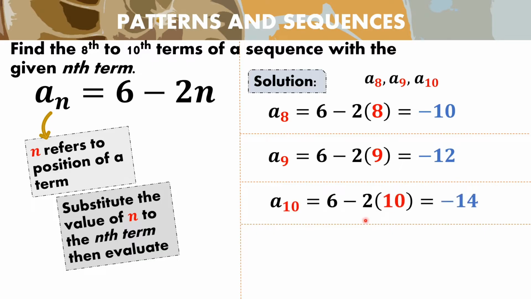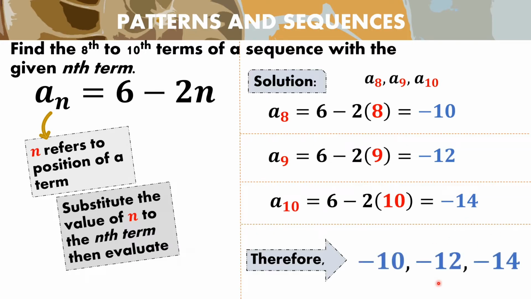And a sub 10, or the 10th term, 6 minus 2 times 10 equals negative 14. Therefore, the 8th to 10th terms are negative 10, negative 12, negative 14. Next example.